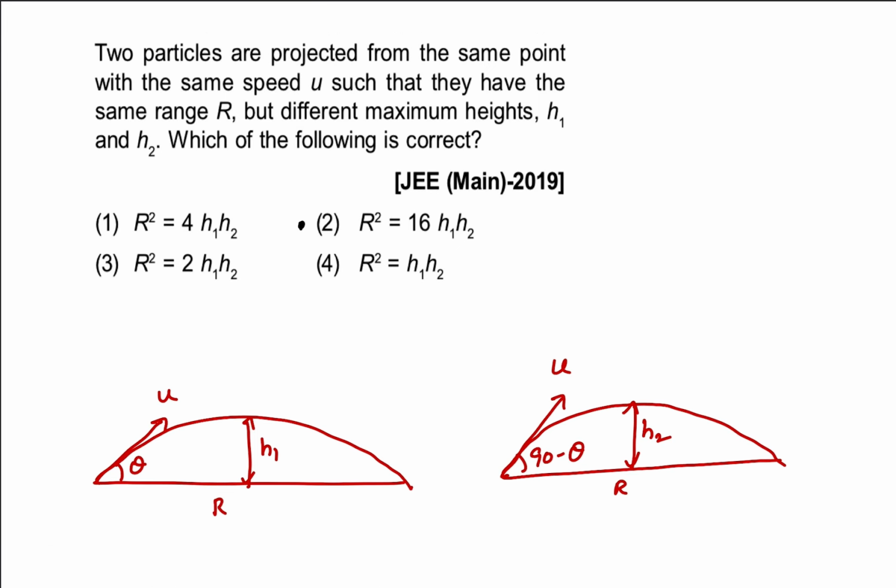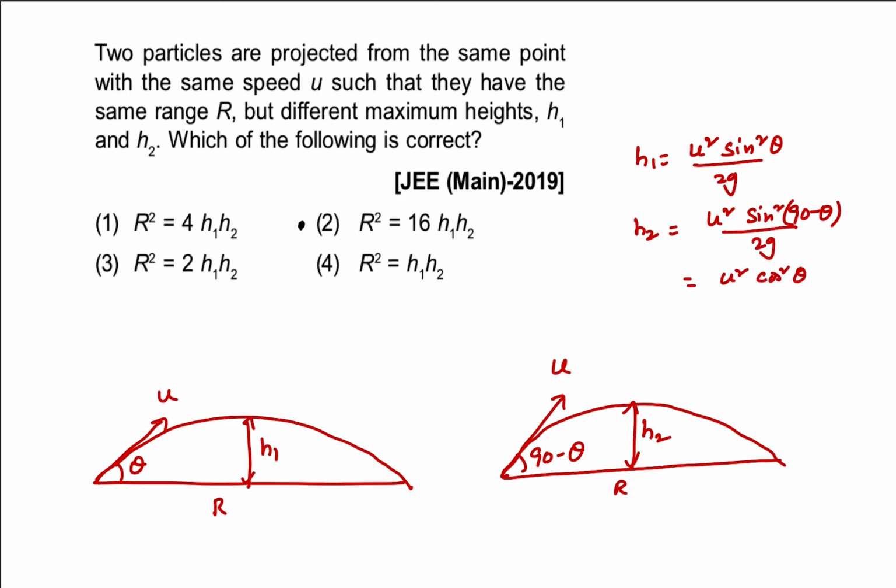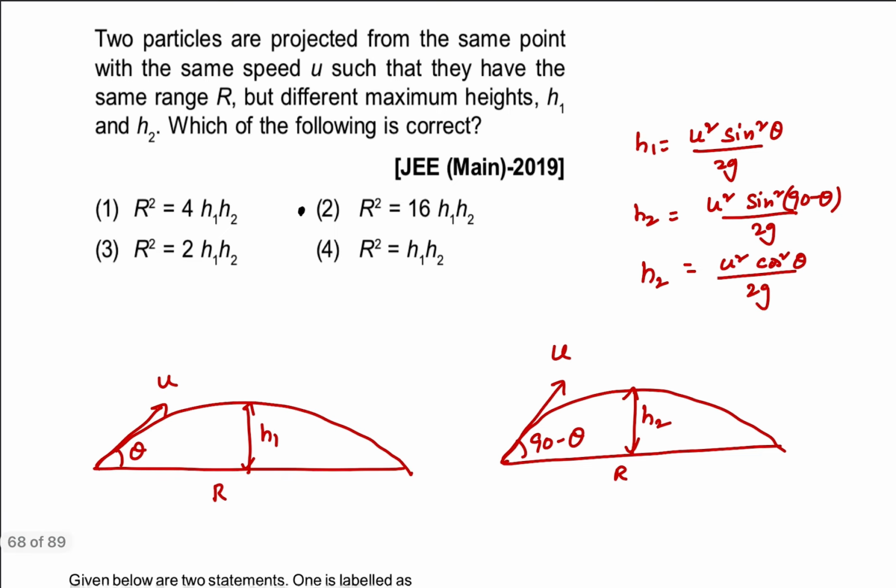Now I can get the value of h1 as u² sin² theta divided by 2g. h2 value I can write as u² sin²(90 minus theta) divided by 2g. Finally we will get u² cos² theta divided by 2g. This is my h2 value.